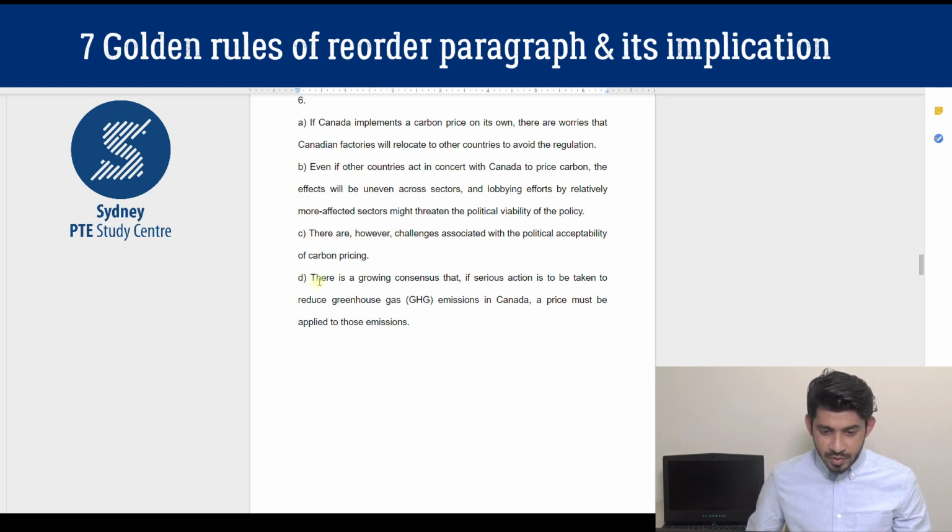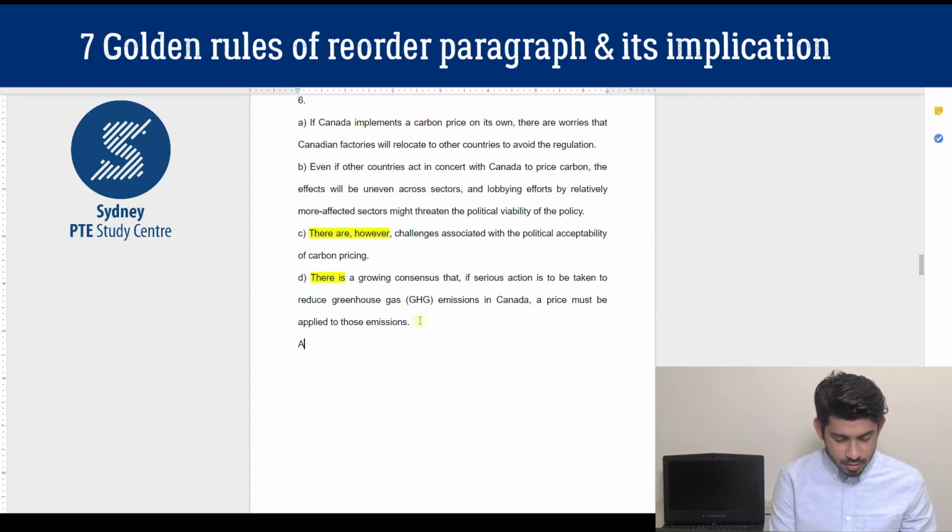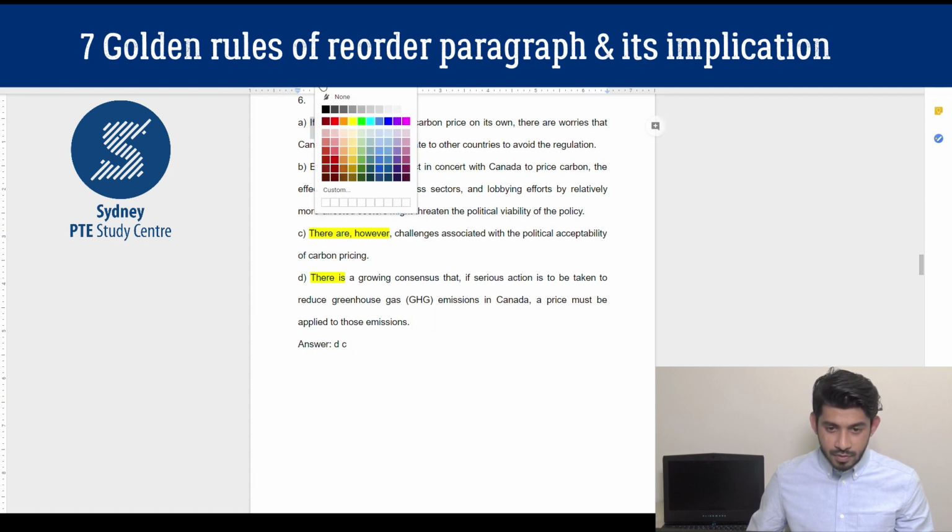Number D says there is a growing consensus. Okay, now I have got some word clues here. Number D says there is, and number C says there are, however, right? So obviously C is referring back from number D. So I got my answer here: D and then C. And like I said, if and even if.